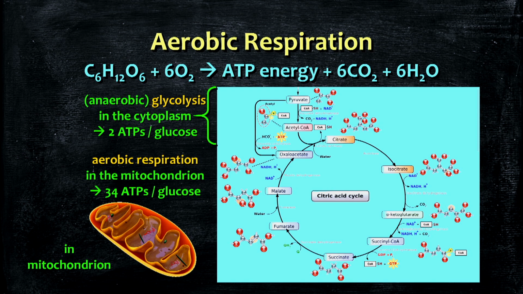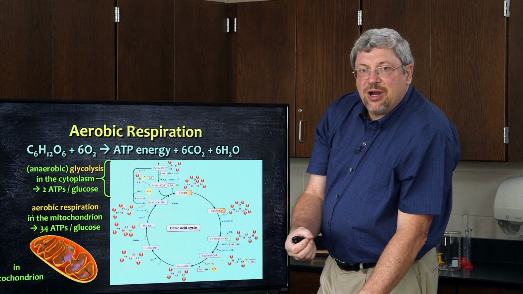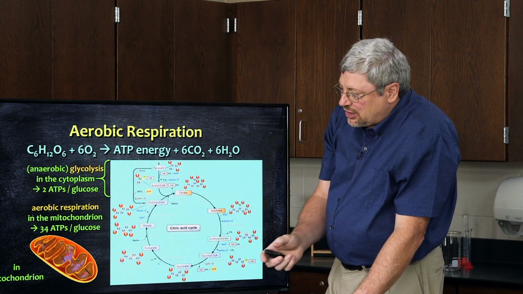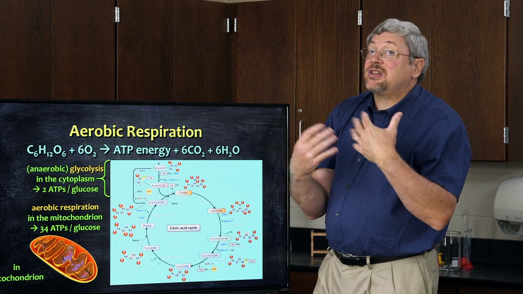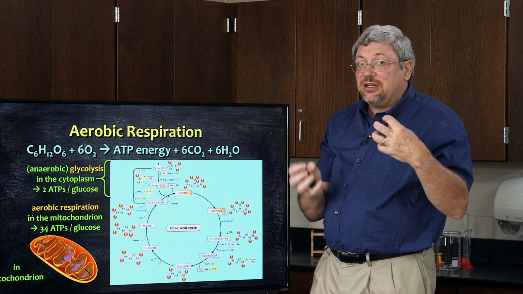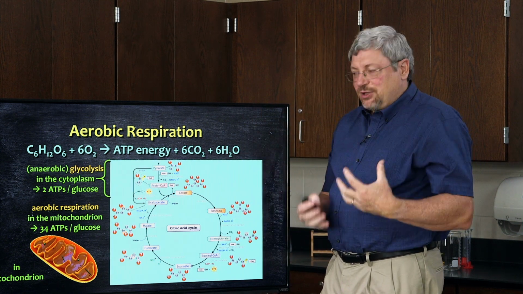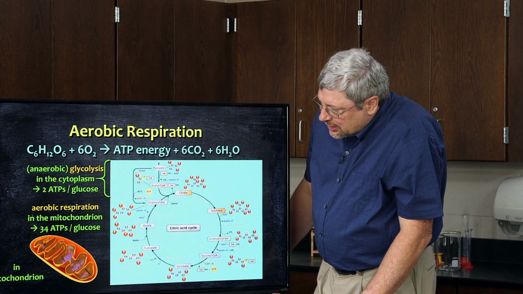Remember, the mitochondrion is that kidney bean-shaped organelle that has two major membranes, an outside membrane that gives the mitochondrion its outside shape, and then an inner membrane that's got lots of surface area folded, giving room for all of these molecules to have places to be located.